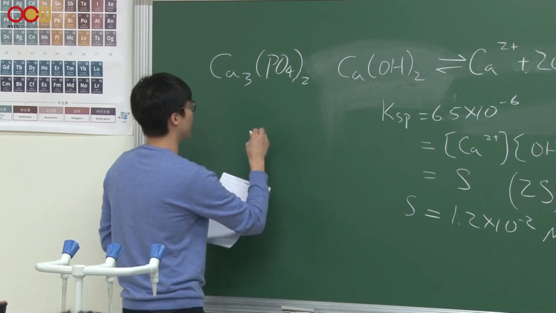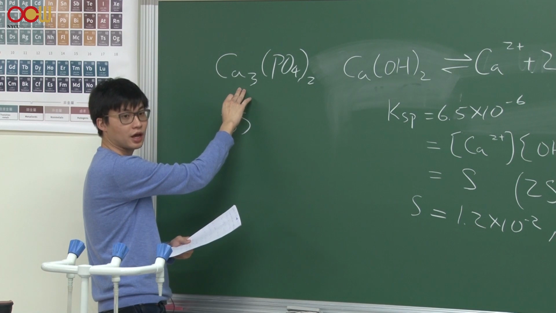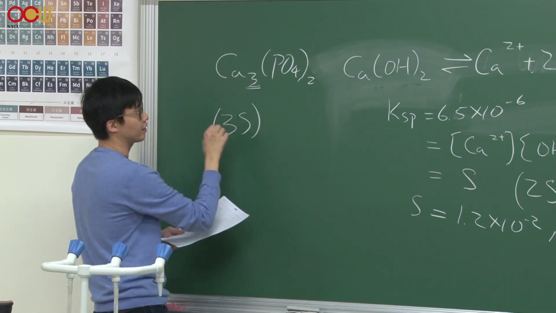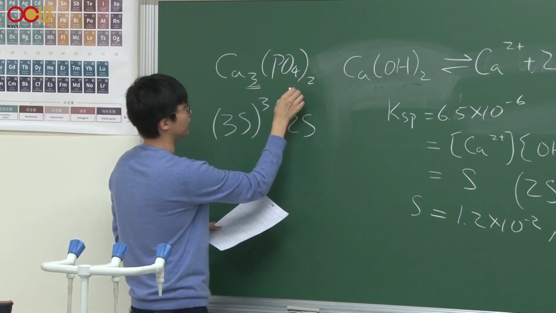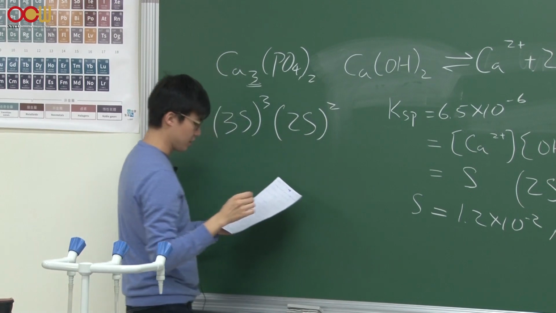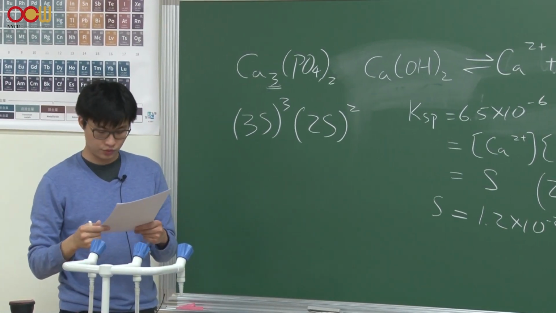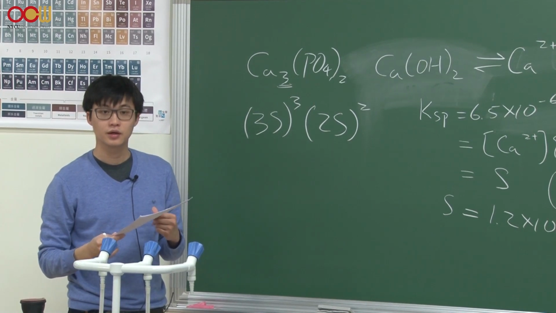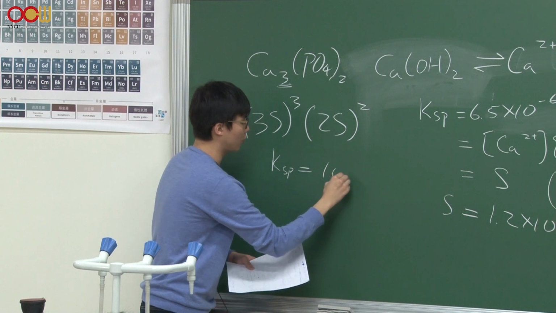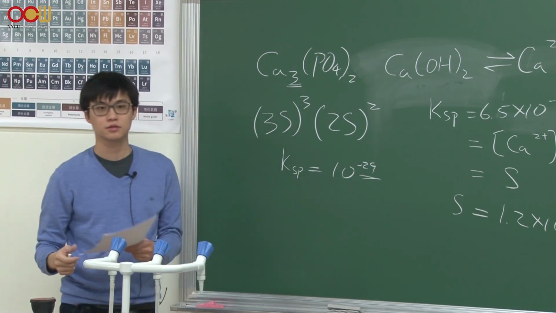You would get 3 times the solubility for calcium, and don't forget the exponent up here, and for phosphate you're getting 2 times the solubility, squared. Then if you look up the table in Appendix 13, you can find the KSP of calcium phosphate is on the order of 10 to the negative 29.